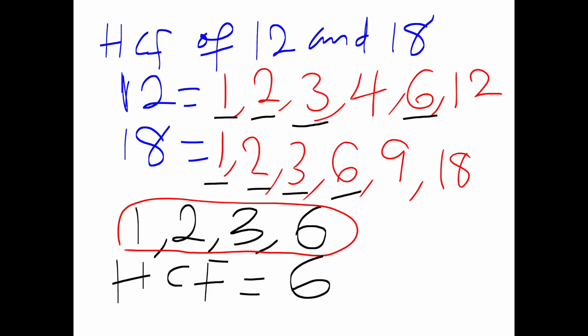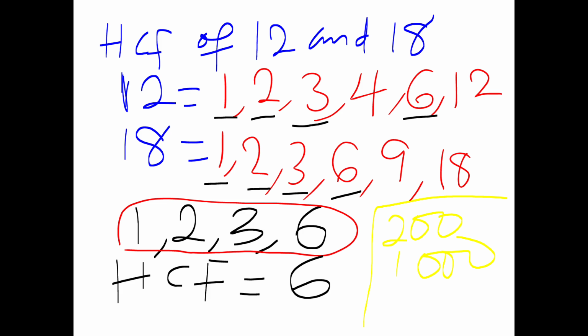And I'll be showing you another way with which you can get your HCF without listing out the factors. Sometimes you can be given numbers that are high, such as 200 and 1000, and you find the highest common factor between them.